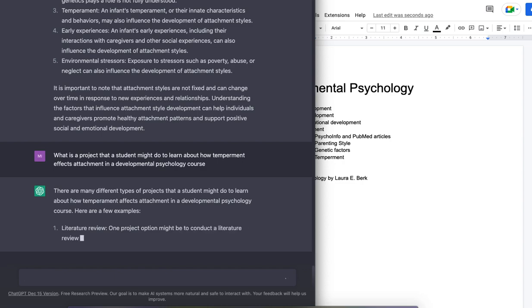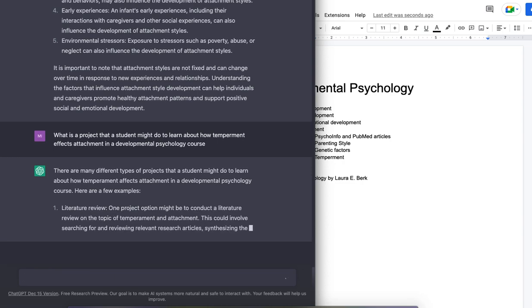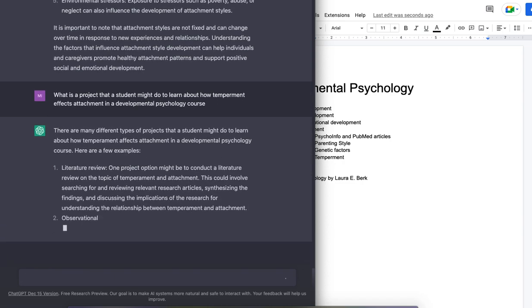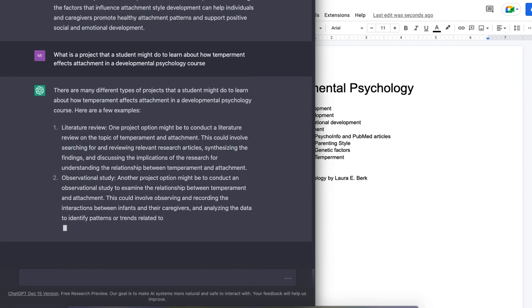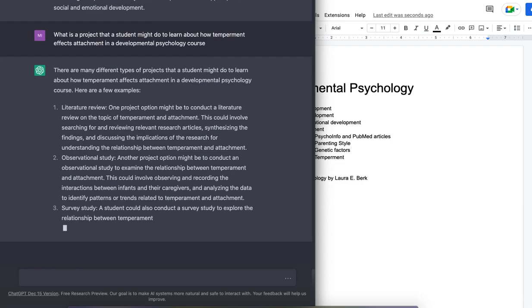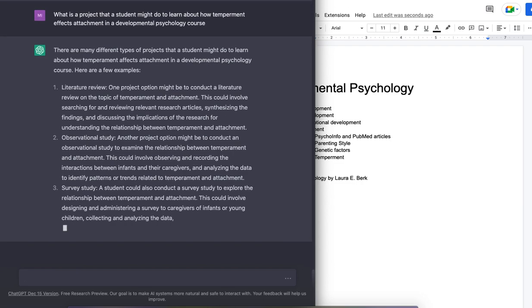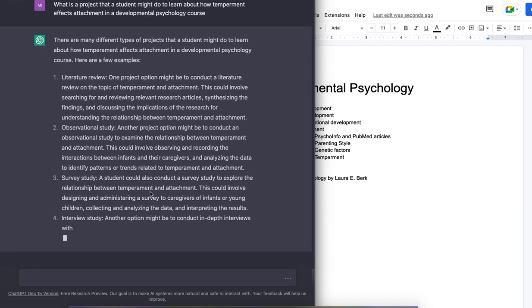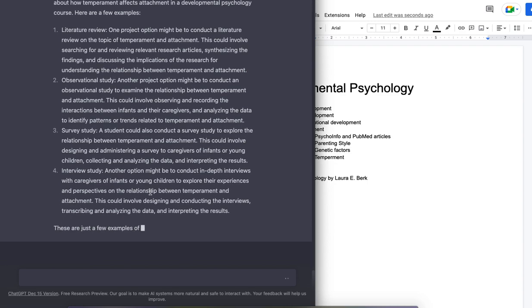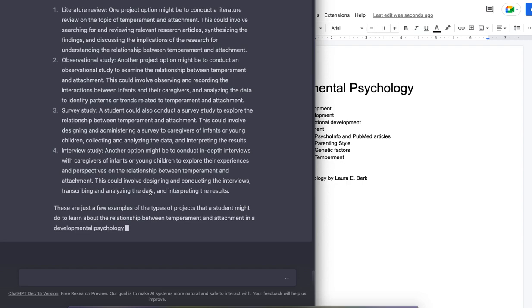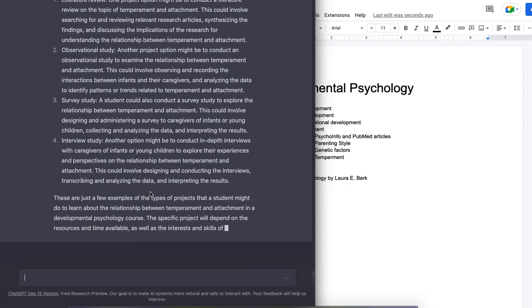Here are a few examples: a literature review, so searching for relevant articles and synthesizing your findings. An observational study, survey studies. So you get the idea even in the classes of what sort of studies they do. I've never taken a psychology class like this, but now I have an idea of different types of projects that one might do.